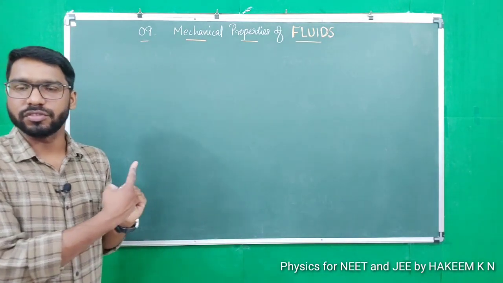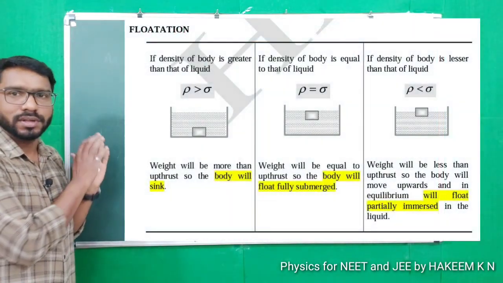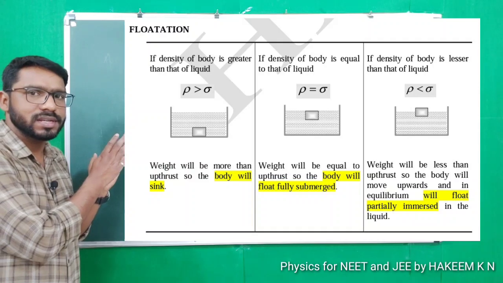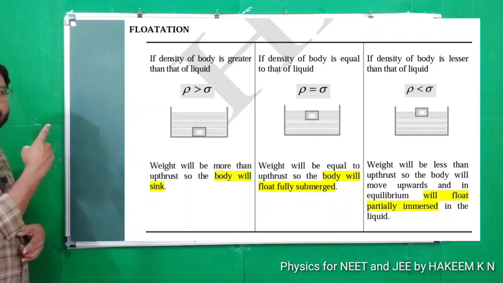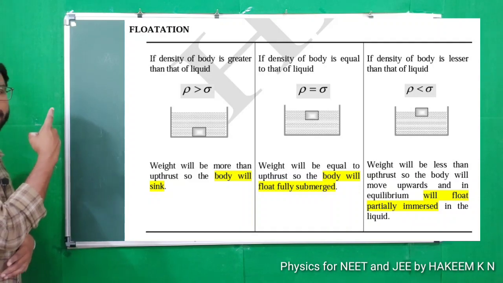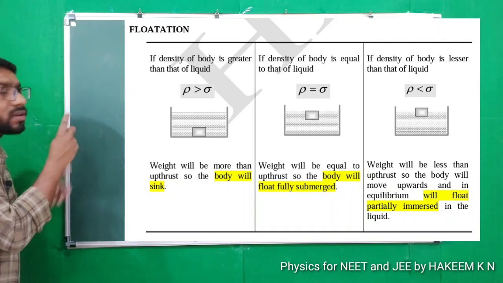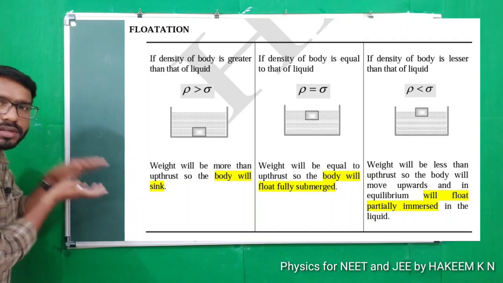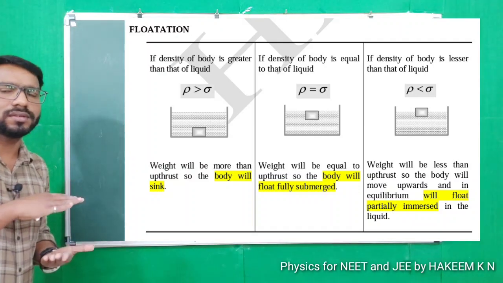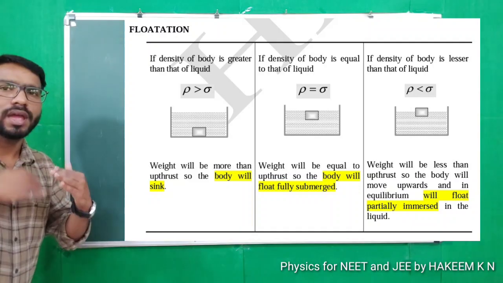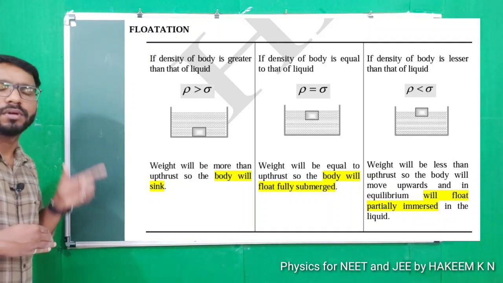Side heading, flotation. A body will float in a liquid if its density is less than or equal to the density of the liquid. If the density of the body is greater than the density of the liquid, the body will sink inside the liquid. So we can say its weight dominates over the buoyant force.